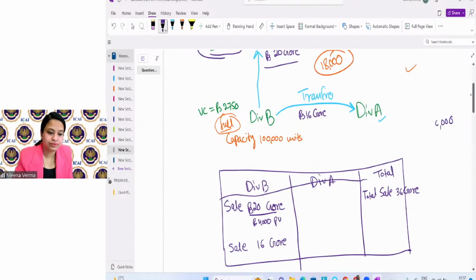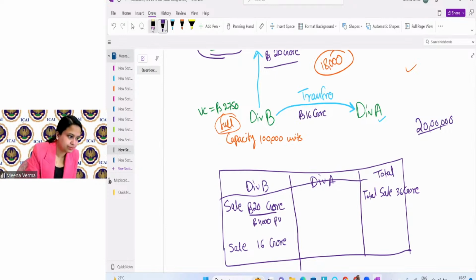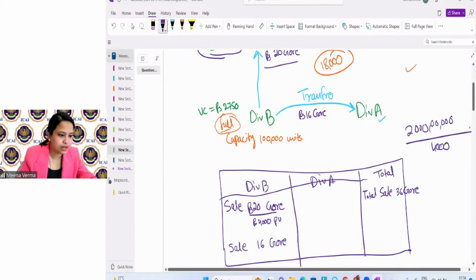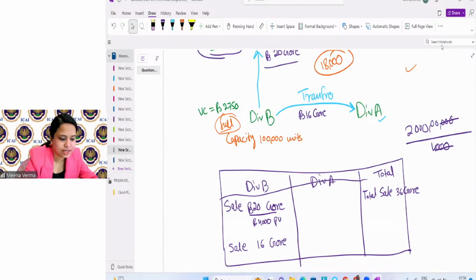Just divide 20 crore by the number 4,000, and you will get the number of units you are selling.